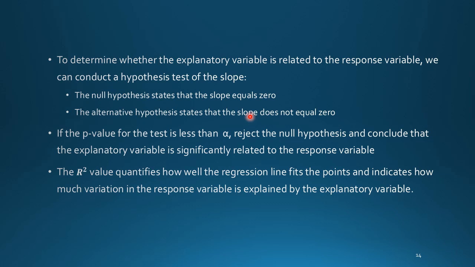If the p-value for the test is less than alpha, we reject the null hypothesis and conclude that the explanatory variable is significantly related to the response variable. The R-squared value quantifies how well the regression line fits the points and indicates how much variation in the response variable is explained by the explanatory variable.